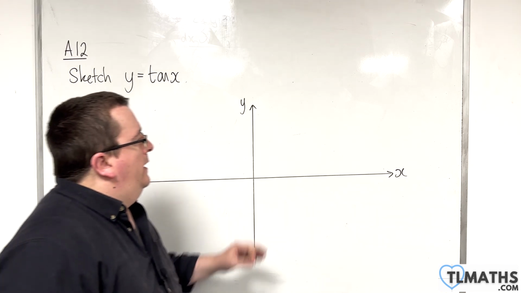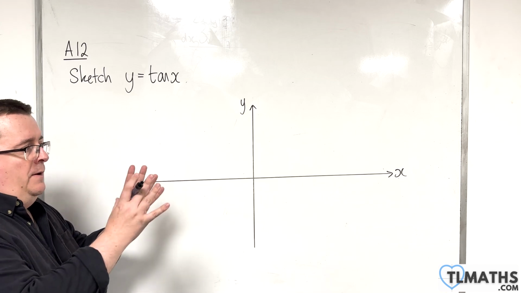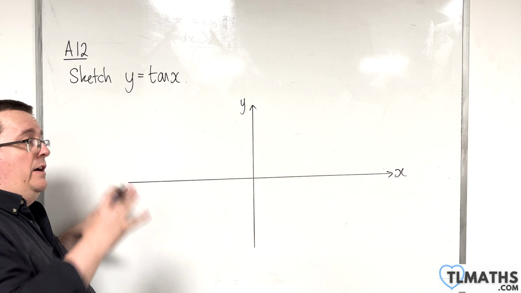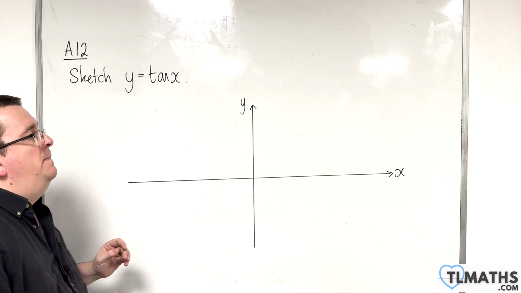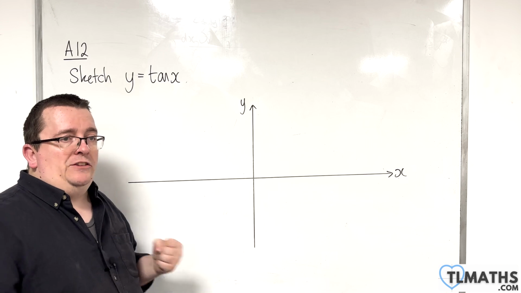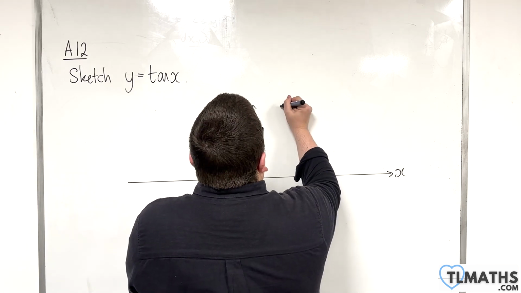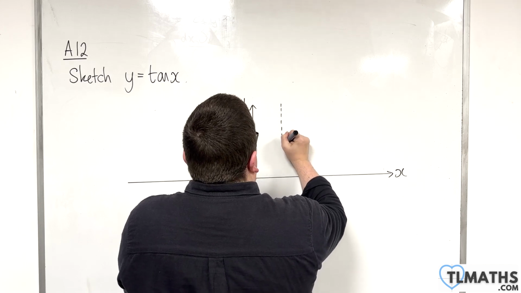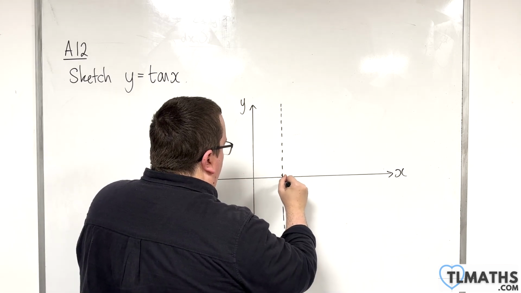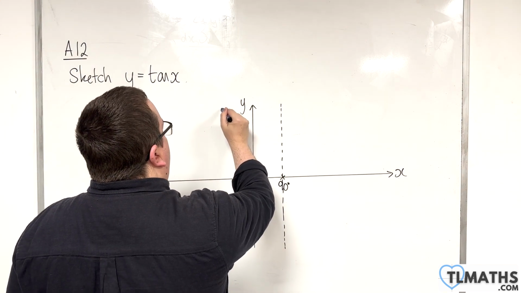So its shape, the actual piece that we want, that repeats itself over and over and over again, because the tan curve is periodic, just like sine and cosine, but it is trapped between two vertical asymptotes. So, the asymptotes lie at 90 degrees and minus 90 degrees.